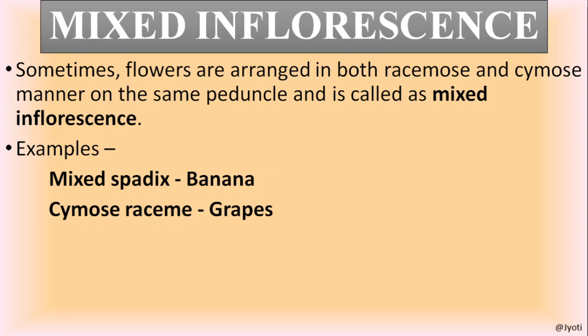As I told you, in banana actually the flowers develop in both ways, cymose, that is acropetal succession, as well as basipetal succession. Similarly, another mixed type of inflorescence is seen in case of grape vine, that is a mixture of cymose and racemose inflorescence.